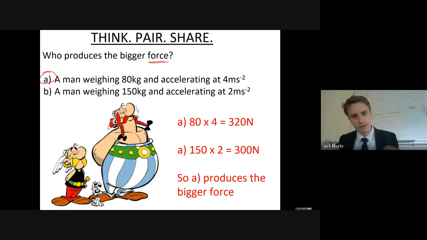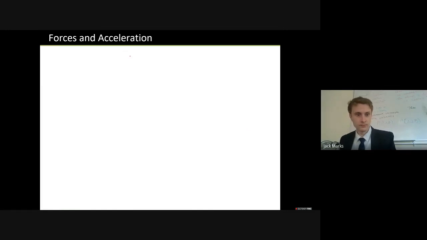So mass is important, but it's not everything. Just having a high mass will not guarantee that something has a large force. So there's more going on than just looking at mass. We really need to think about mass and acceleration, and those two things come together to give us force.